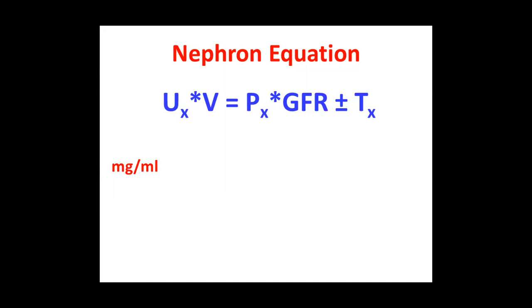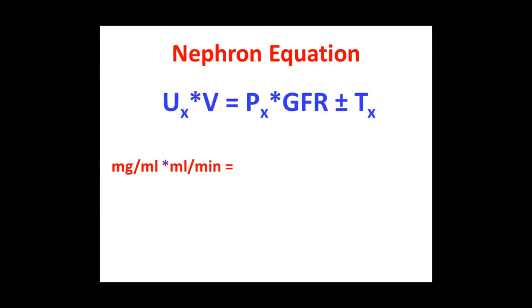Now U_X means the concentration of X in urine, that means mass per volume, milligram per ml, multiplied by V. V means volume of urine per unit time, that means ml per minute. So milligram per ml, concentration, multiplied by ml per minute, volume per unit time.